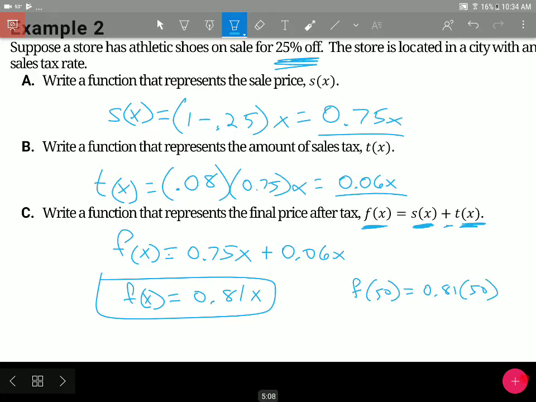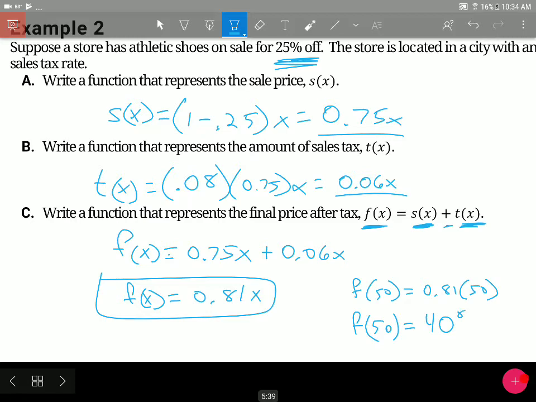What's 0.81 times 50? Pull out a calculator, just knock it out. $44? I probably added it wrong. Should be 0.81 times 50. It should be $40.50. Yeah, that sounds right.